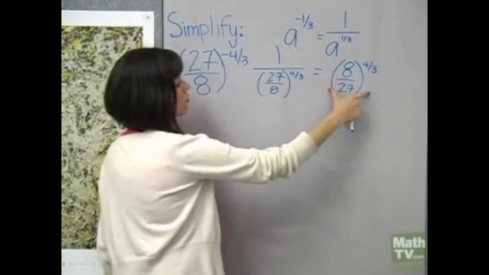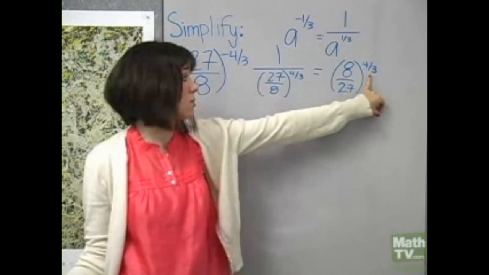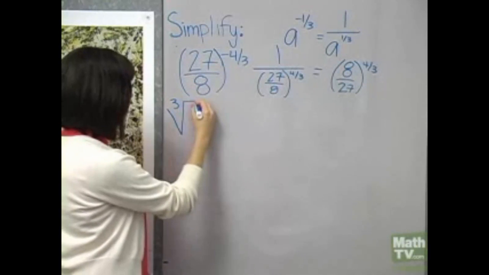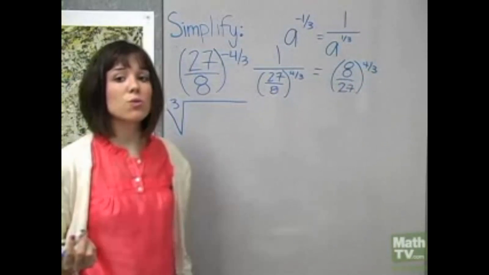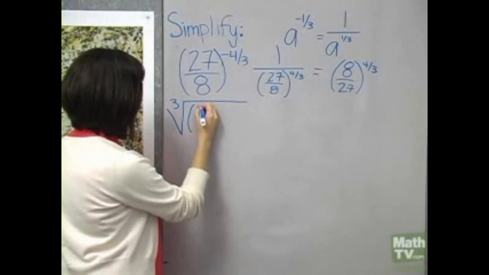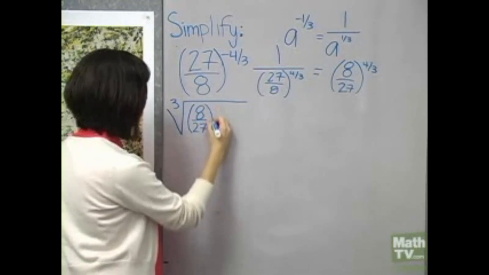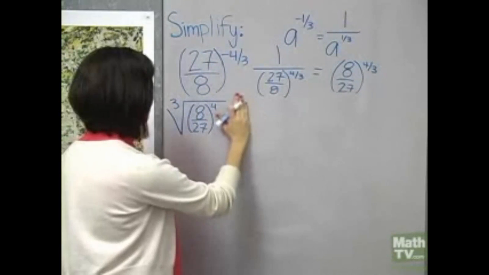So let's write this in root form. Whatever number is in the denominator, that's what type of root it's going to be. So it's going to be a cube root. And then the number that goes inside is this number raised to the numerator. So 8/27 raised to the 4th. I'm going to write out what this is.